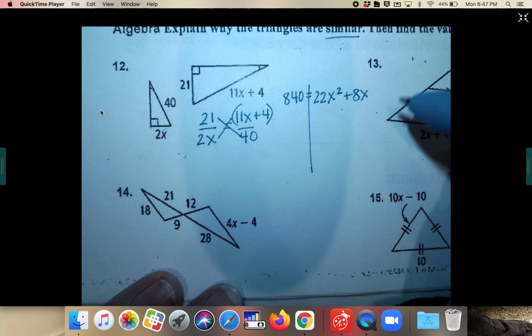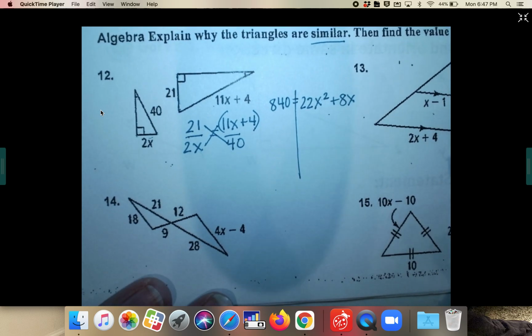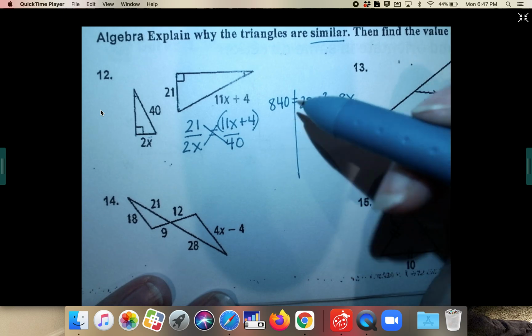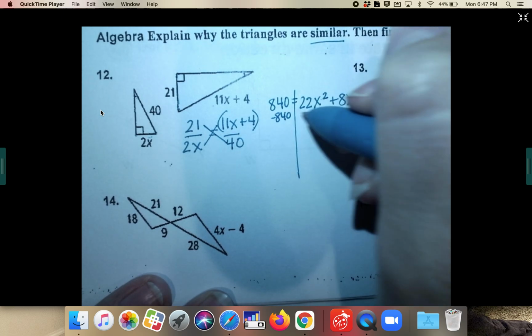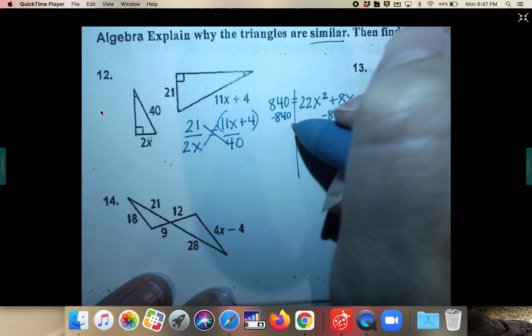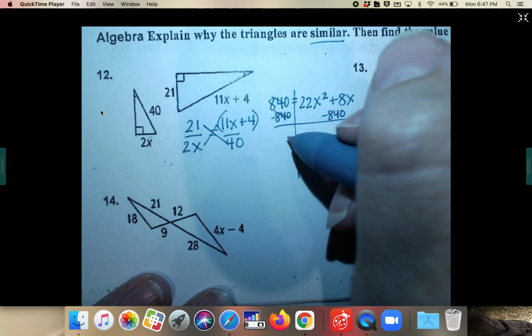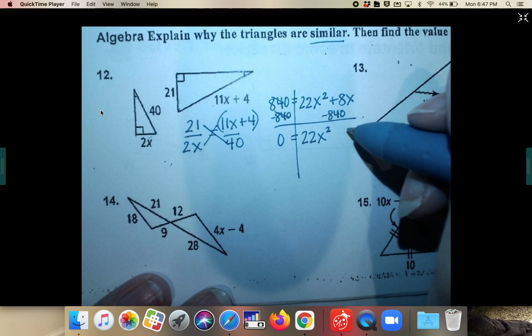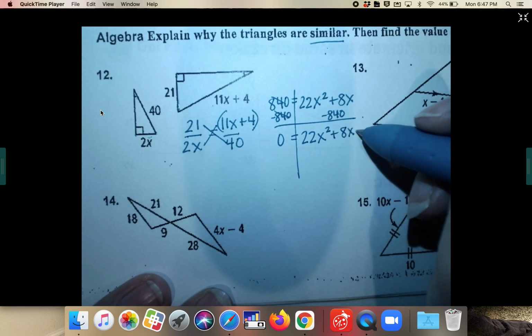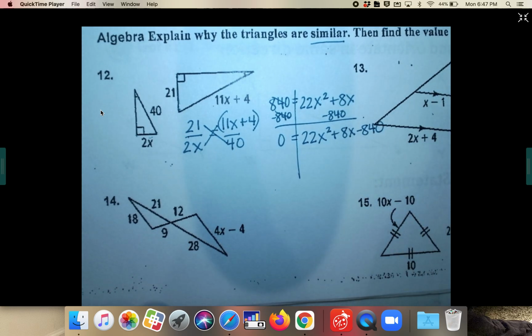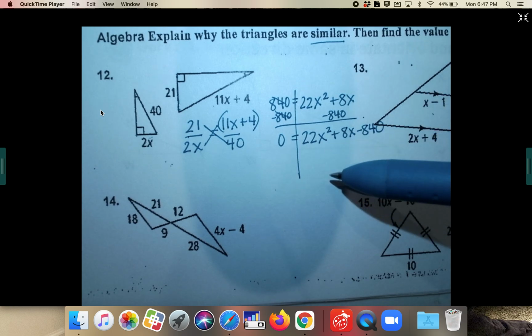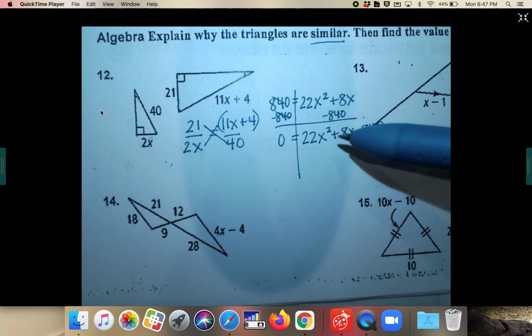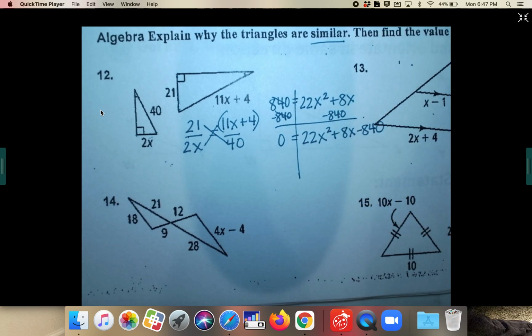Okay, this is going to be some fun math that you probably haven't done for a while. I'm actually going to subtract 840, and I want you to remember why. Once I have it set to 0, I have 22x squared plus 8x minus 840, and I could actually go on now and factor.